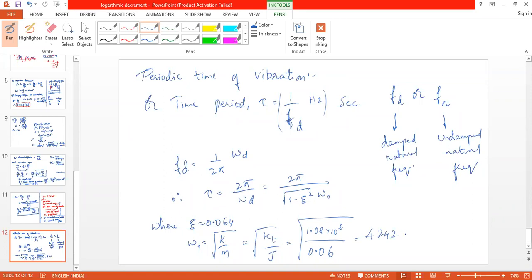Okay, 4242.64. What is the unit? No, omega n is radians per second, and Fn is hertz.